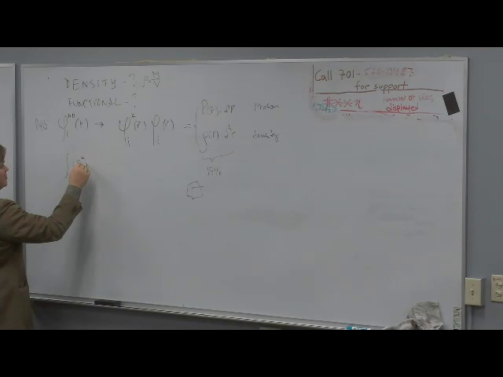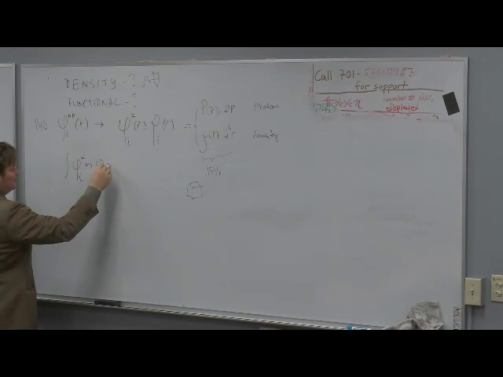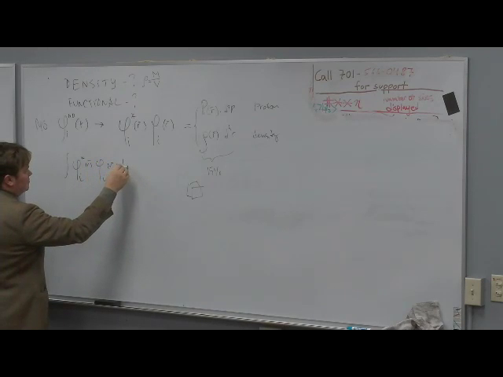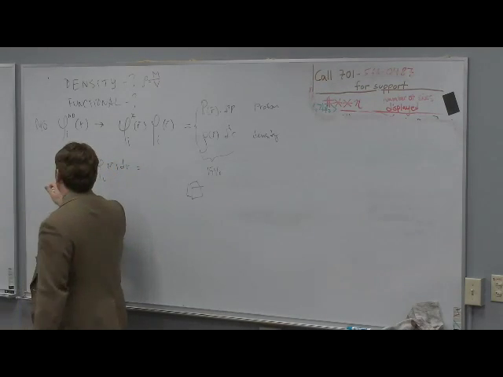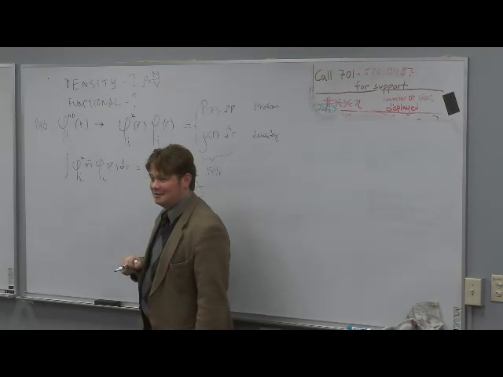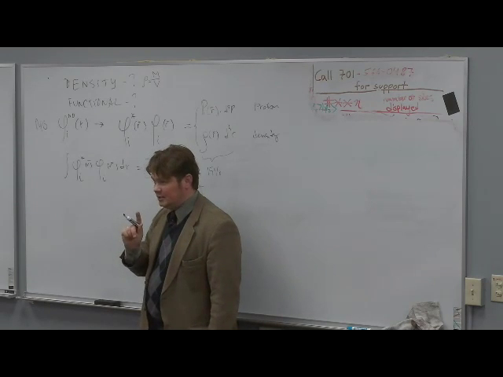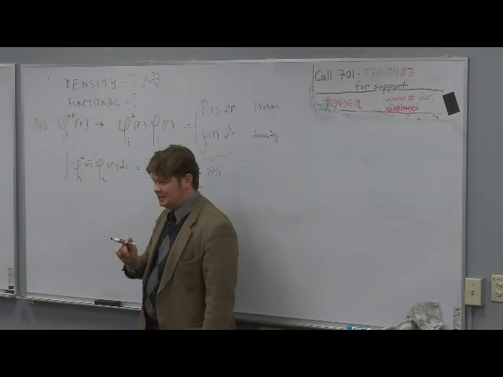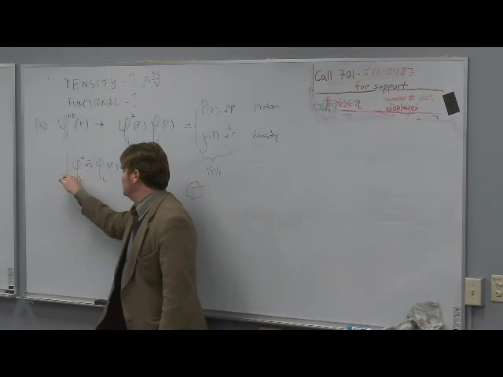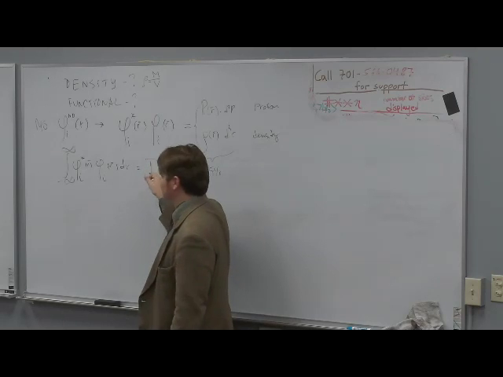Suppose that our molecular orbitals are good orbitals. What should we write here? The wave function conjugated, multiplied by itself, and integrated over the whole space. One. Yes, because it is normalized.